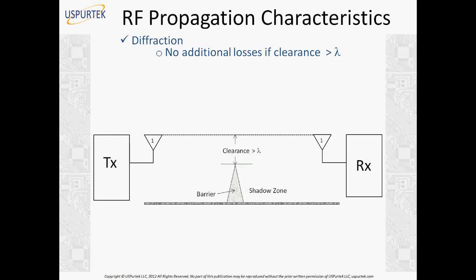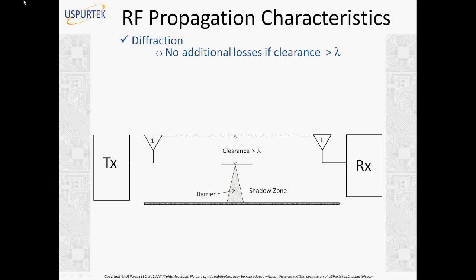Now let us see the behavior of this a little more. Here we decrease the height of the barrier. If we have clearance between the line of sight path between the transmit and receive antenna and the knife edge, the hilltop or the mountain top, more than one wavelength of the frequency that we are using, then there are no additional losses.